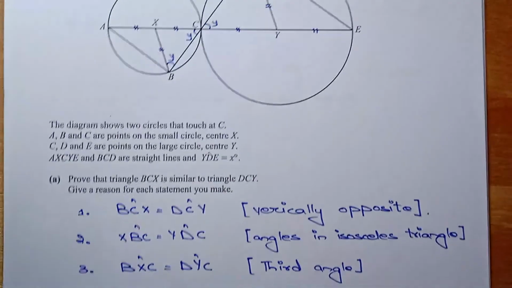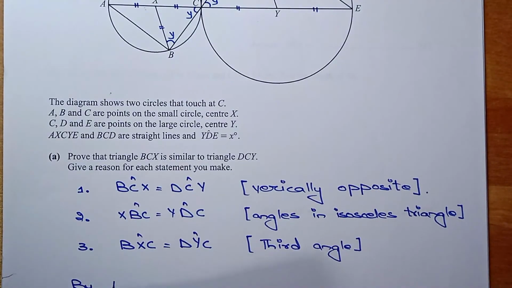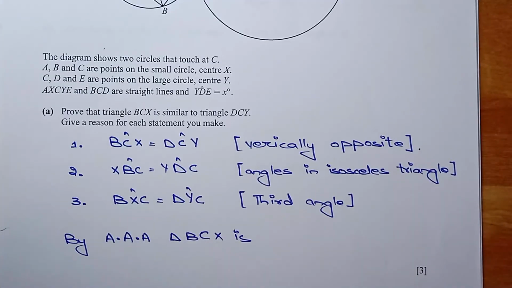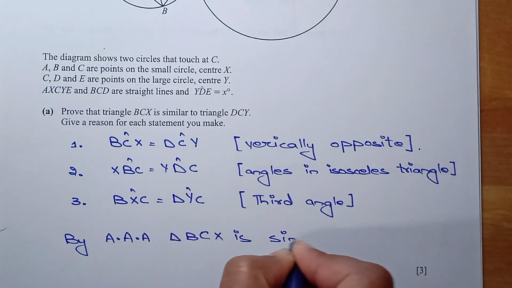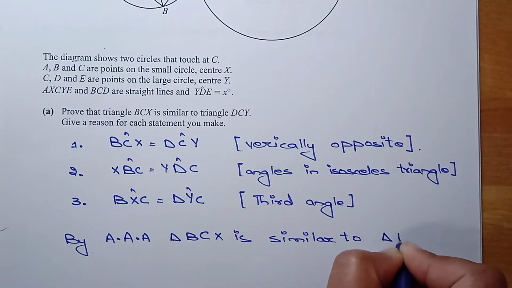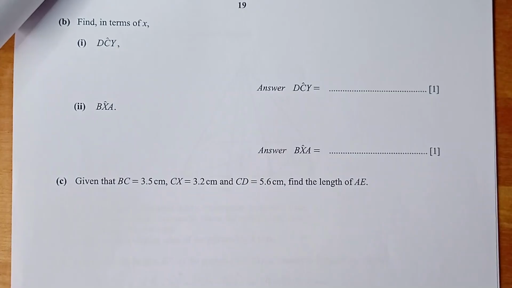So we can say that by angle, triangle BCX is similar to triangle DCY.